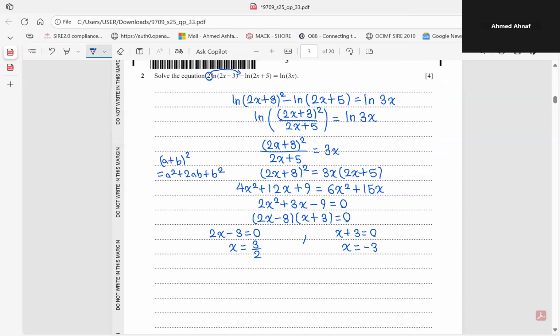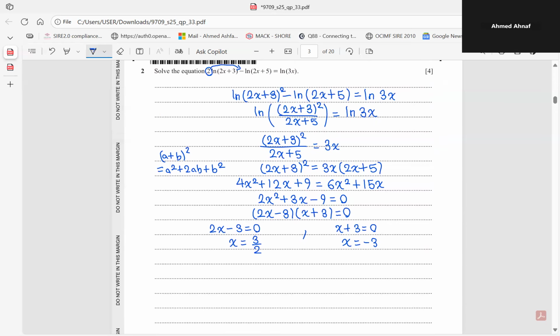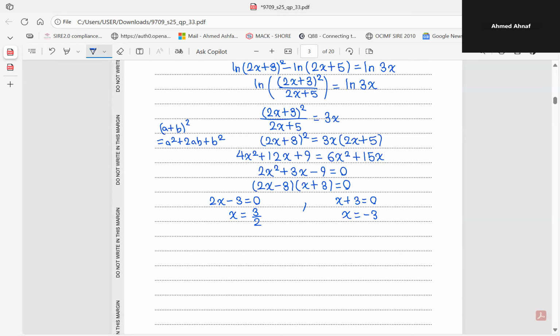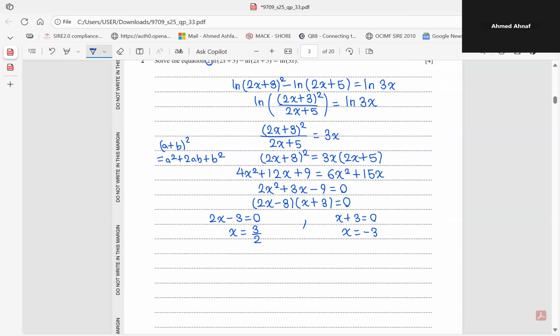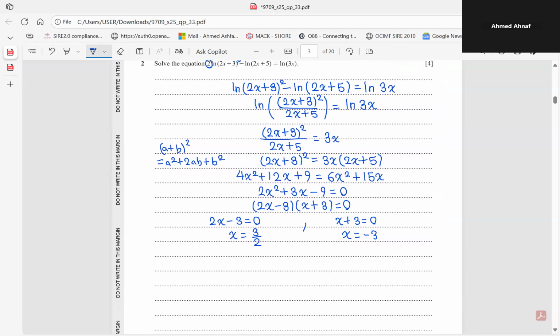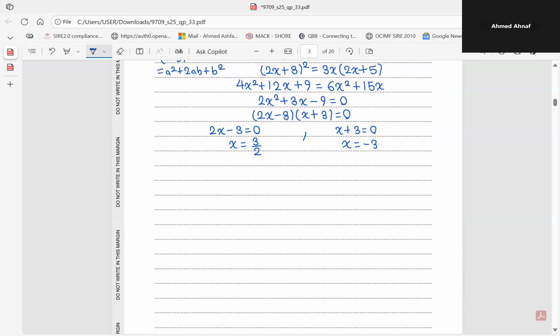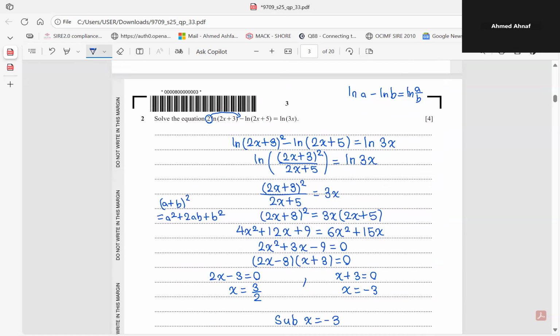Okay, before we accept this as our final answers, we should see if any of the x values lead to real solutions. So let's substitute x equals negative 3. You can just substitute into any logarithm. So I'm going to substitute it here.